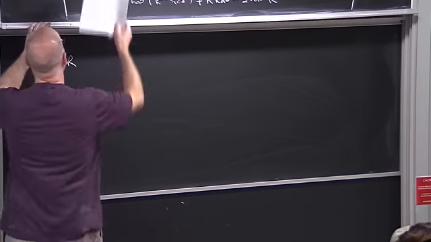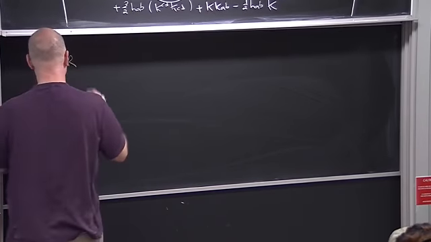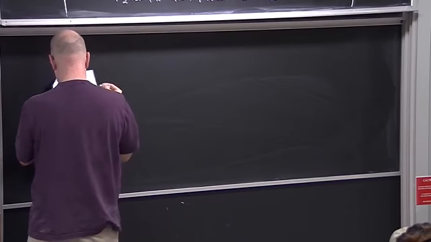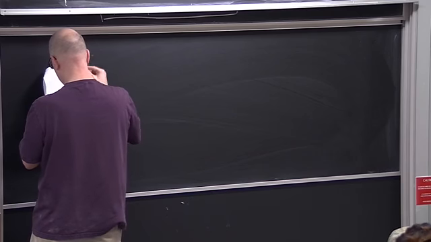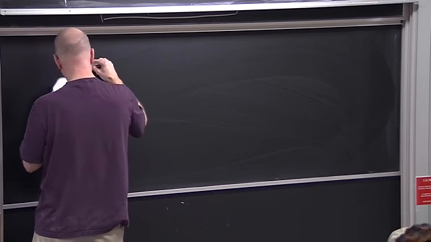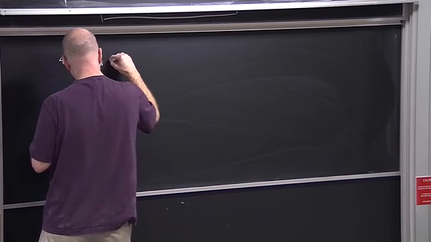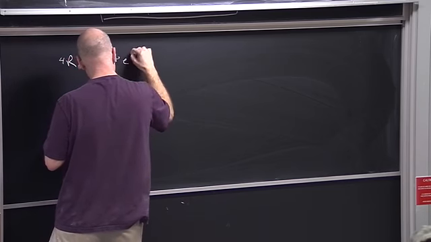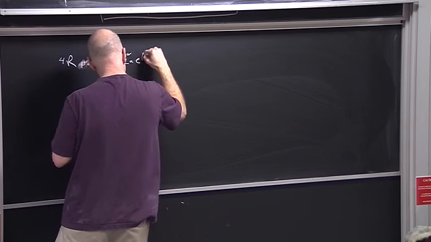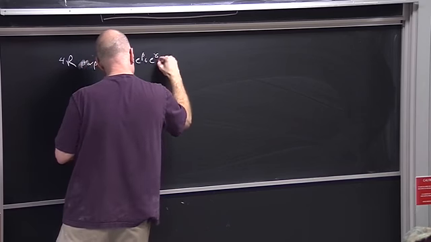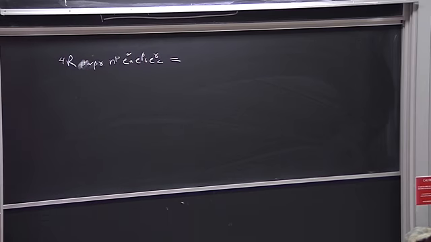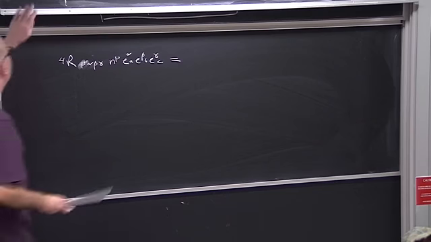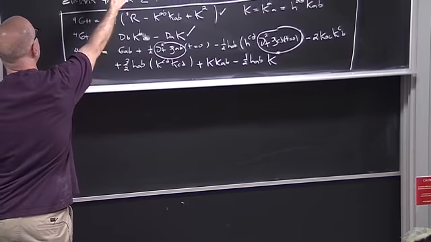So for example, this guy over here, I can express as this, because that quantity in Riemann normal coordinates happens to be equal to this over here.